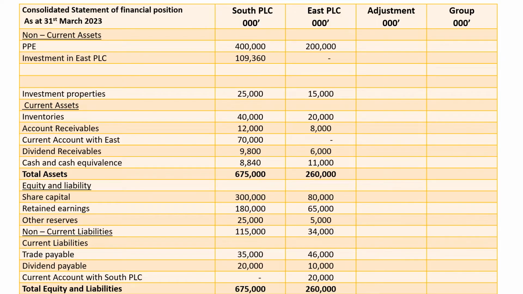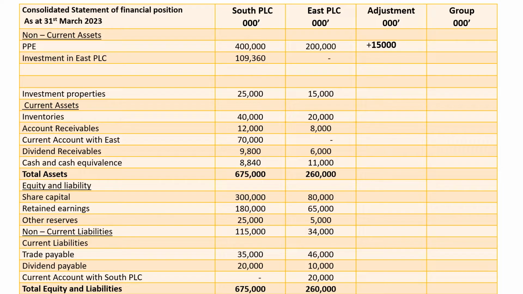Now let's see the impact on the consolidated statement of financial position. The increment of the fair value relating to the property, plant and equipment, 15,000, we have to add in the consolidation. At the same time, we have to create another additional asset, which is the intangible assets.